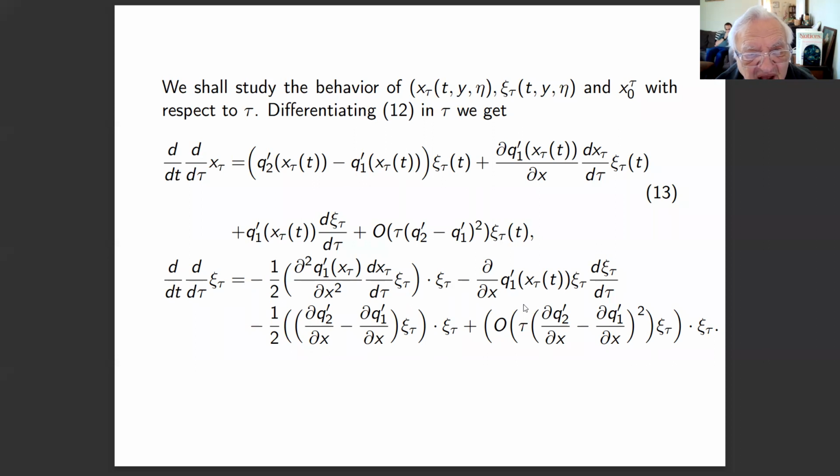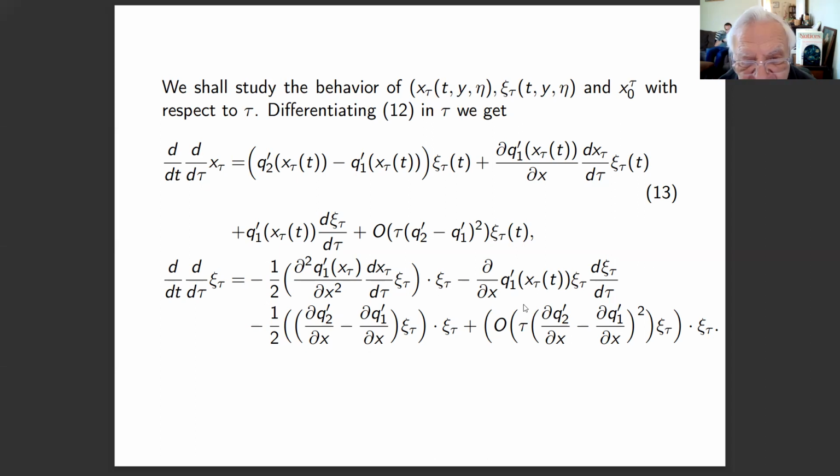Differentiating in tau, we get the following equation. The main term, after you take the derivative in tau, is q_2 prime minus q_1 prime times xi tau, and there are a couple of other low order terms.